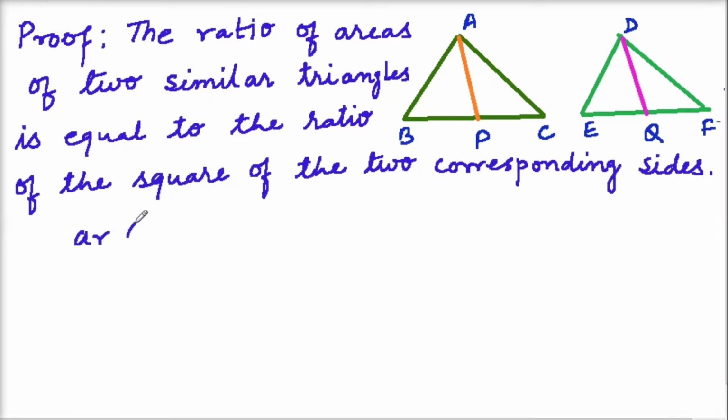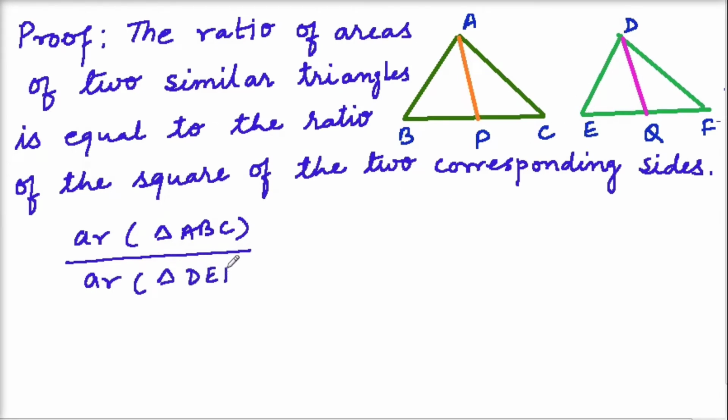Since triangle ABC is similar to triangle DEF, so we can write area of triangle ABC upon area of triangle DEF equals AB square upon DE square.